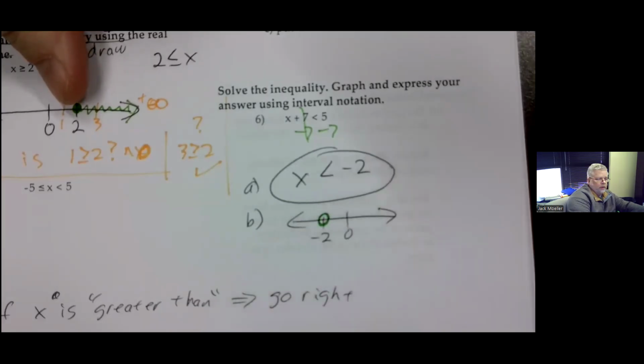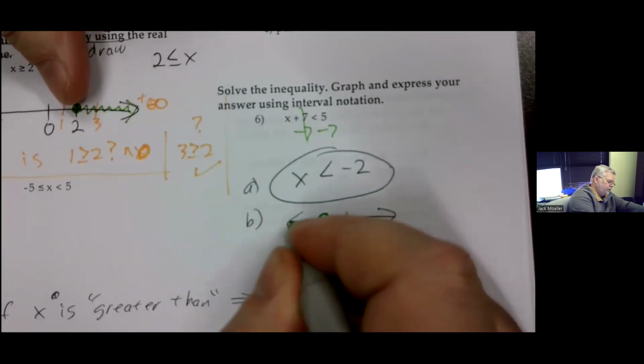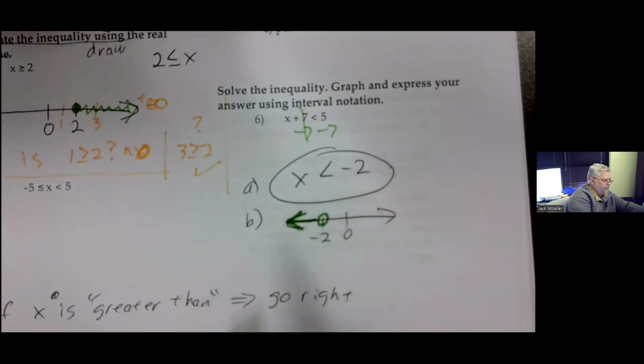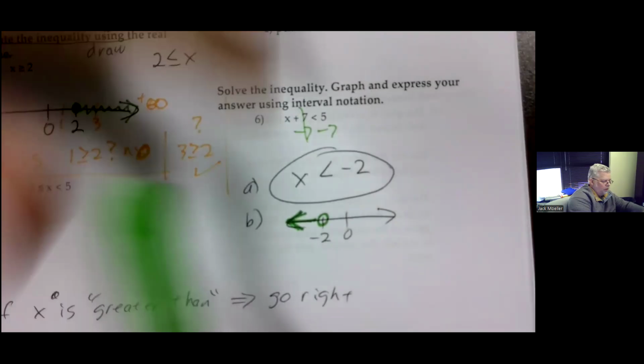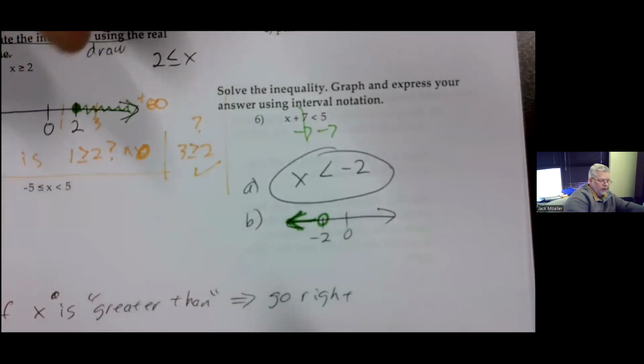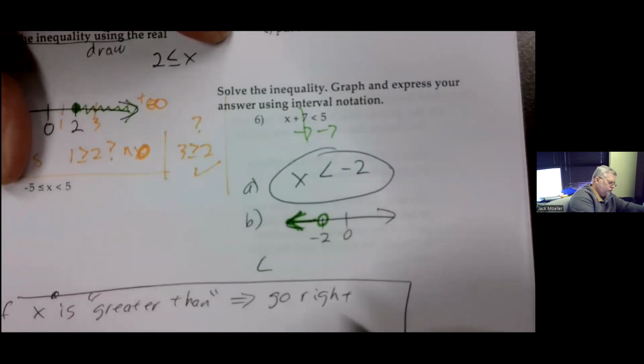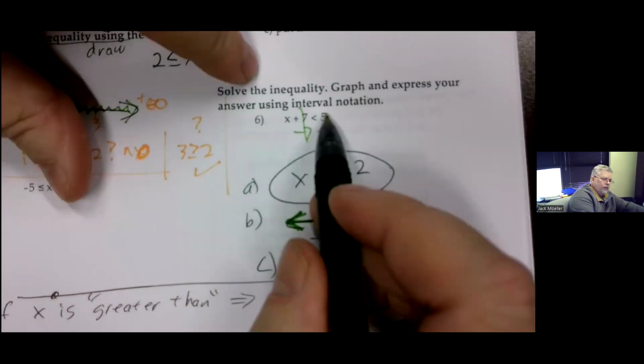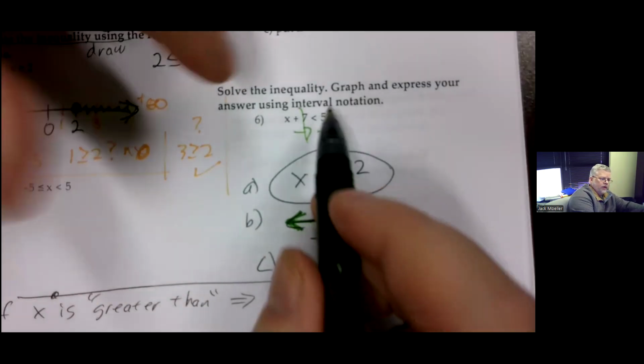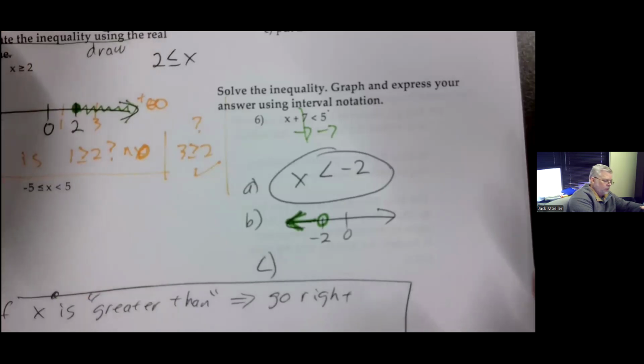And which direction are we going? Well, x is less than, so we're going to the left. And like I said, on MyMathLab, which I'll show you, that would be multiple choice to find. Then part C, we want the interval notation. The interval notation is how far left, how far right. It's the endpoints.